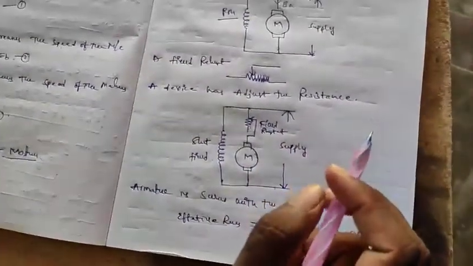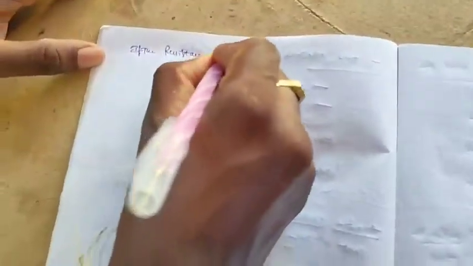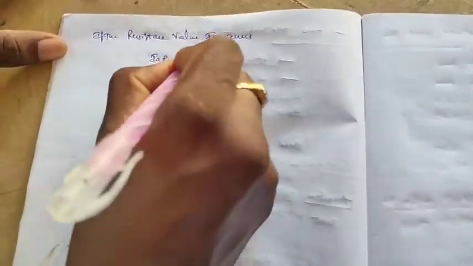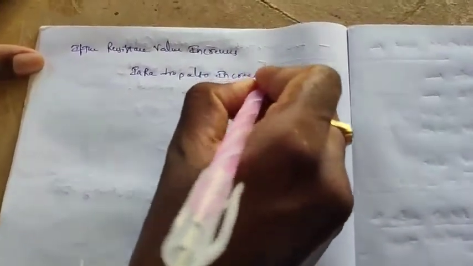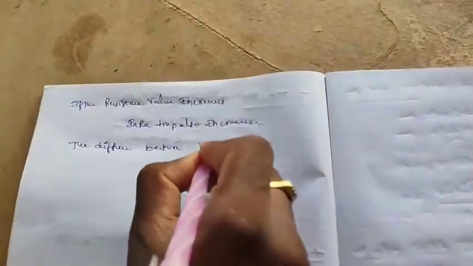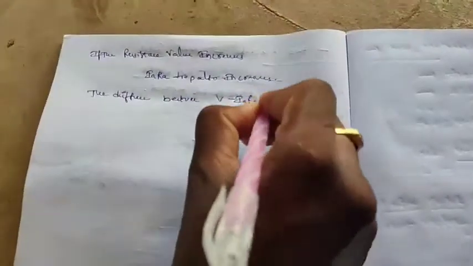If the resistance value increases, the IA RA drop also increases. The difference V minus IA RA decreases.